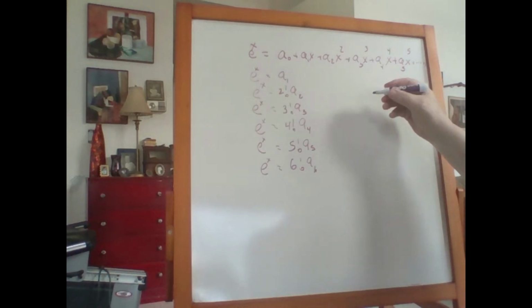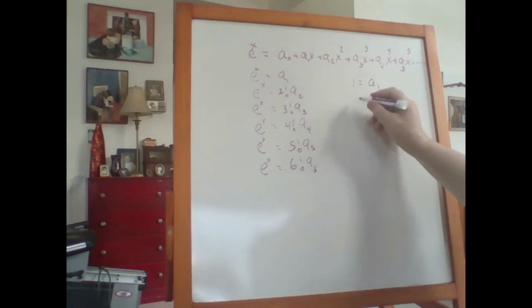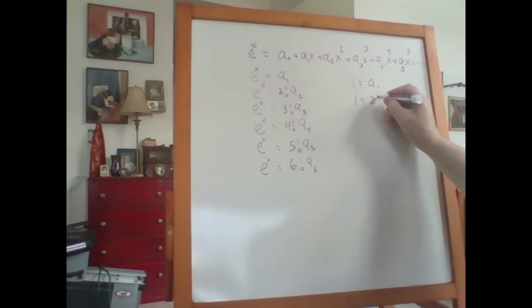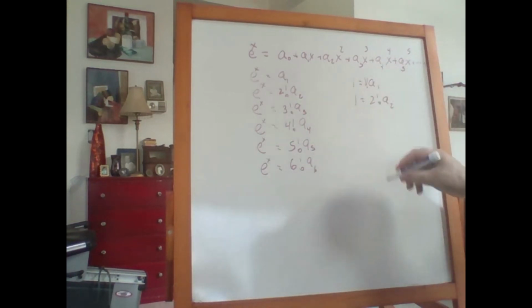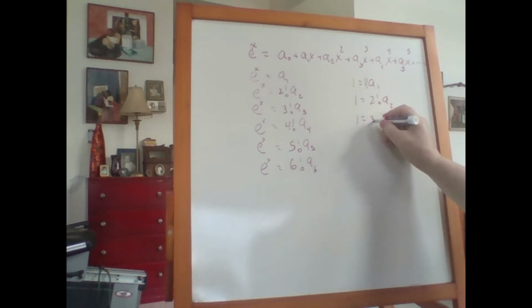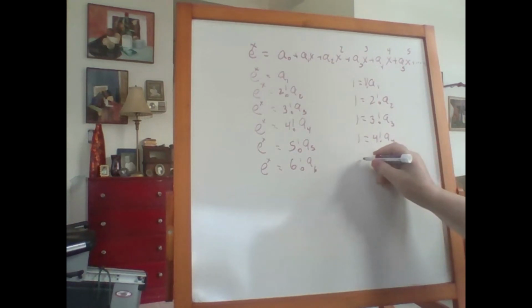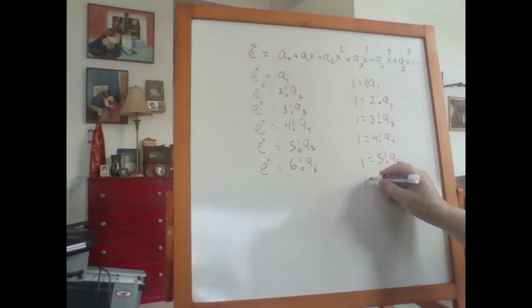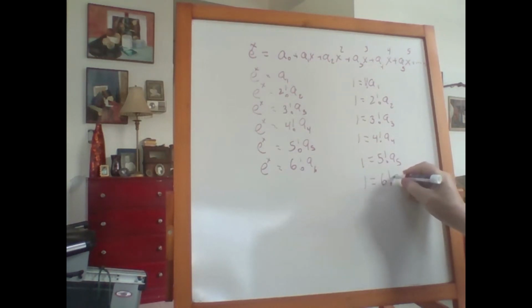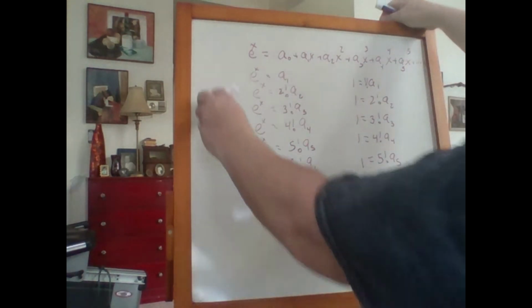So 1 is going to be a1. 1 is going to be 2 factorial a2, and we could say this is 1 factorial. 1 equals 3 factorial a3, 1 equals 4 factorial a4, 1 equals 5 factorial a5, 1 equals 6 factorial a6, and so on. And now you've got your infinite series.